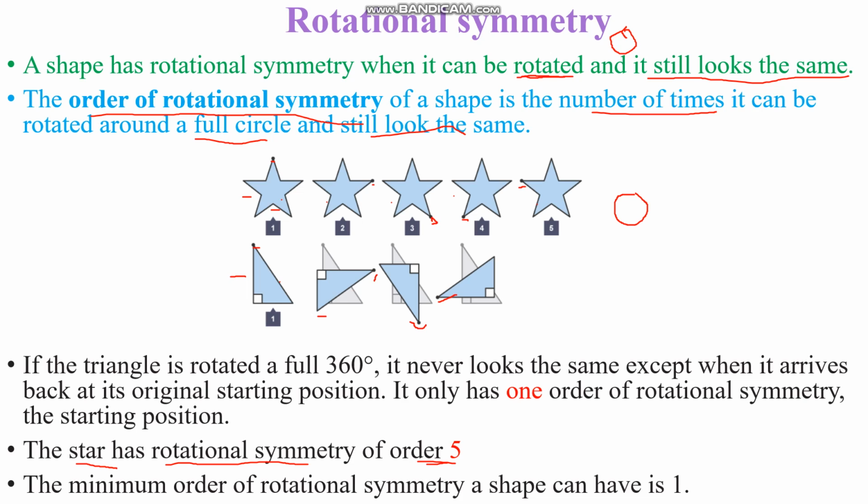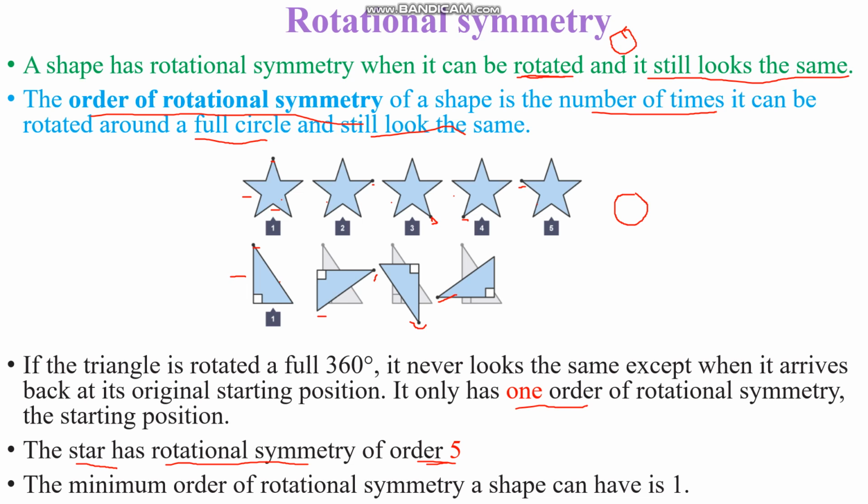So if the triangle is rotated a full 360 degrees, it never looks the same except when it arrives back at its original starting point. So we say that it has one order of rotational symmetry. This right angled triangle has a rotational symmetry of order 1.